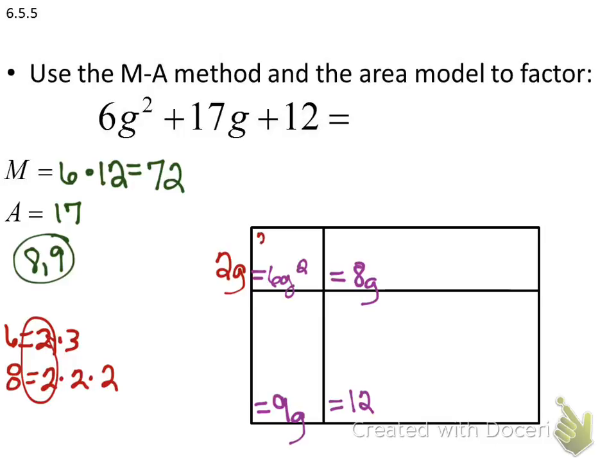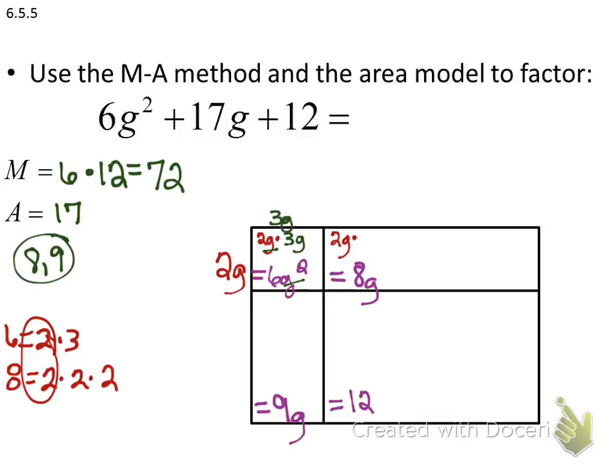Now step 5, we just fill out the rest of the model. So if I know the height, it's going to be 2g times something. So I'm ready to find the width of my top row. 2 times what gets me to 6? 3. I have 1g at the top, but I have 2 at the bottom. So how many more do I need? 1. So the width is 3g.